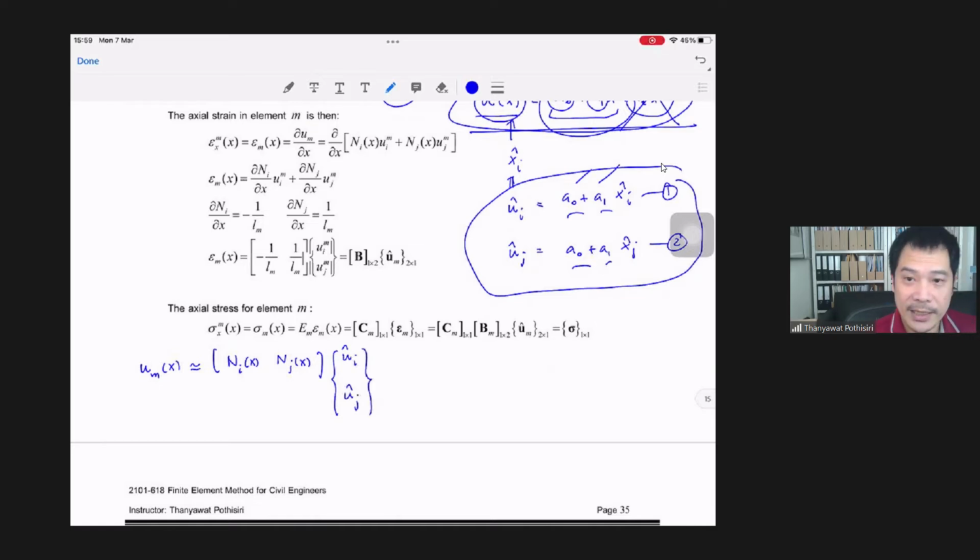So this is the approximation function for the displacement field within each element n, with the starting node i and the ending node j.